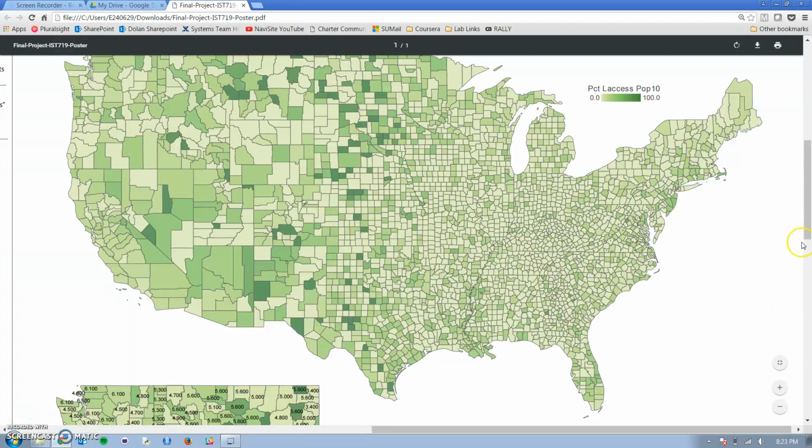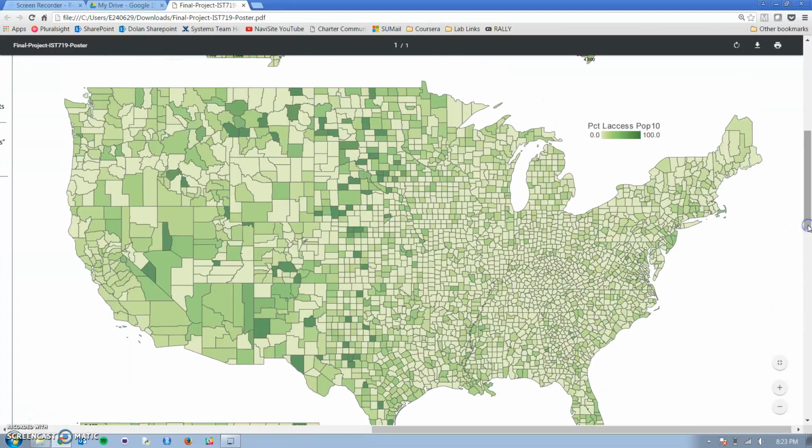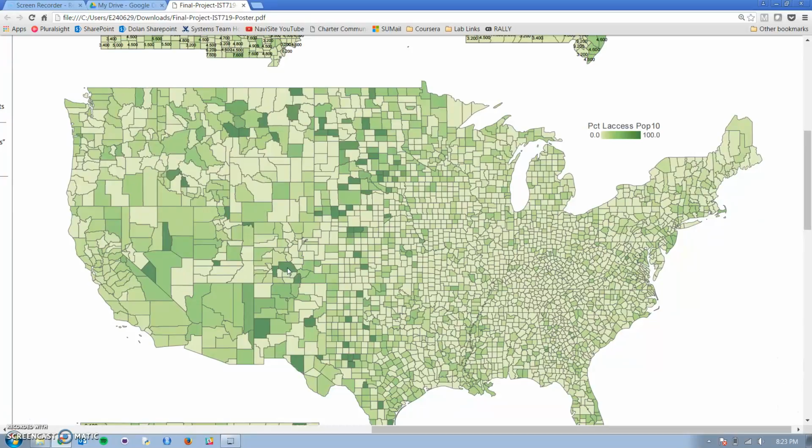And there are definitely a lot of towns in the Midwest and the West, or a lot of counties in the Midwest and the West, who have 100% low access to food, which I found kind of shocking when you think about the modern era and the age that we're in. But there aren't a lot of people in these states, and the counties are rather large and spread out, so it makes sense that people won't have a grocery very close by them.